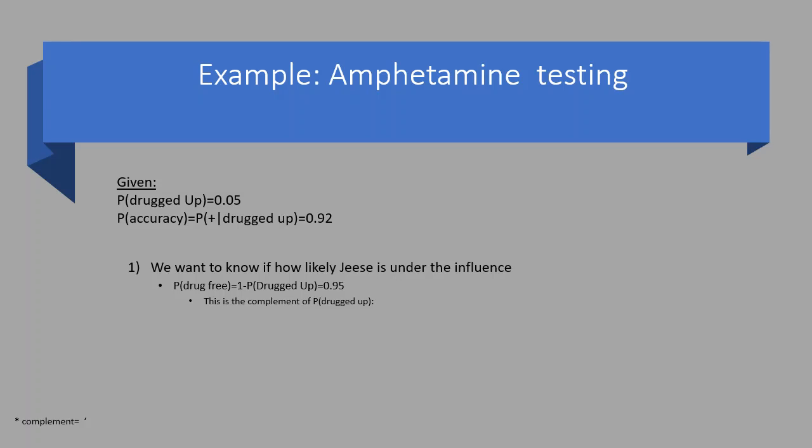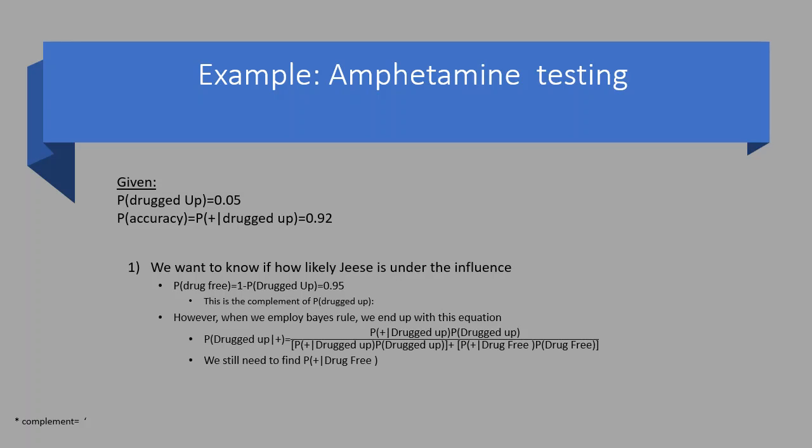Now, I mentioned in Bayes' rule that we have to include both the true positive and false positive values. So how does that work? Well, we have the true positive, where he was positive given that he was drugged up, times the probability that he was drugged up, divided by the denominator, which is both the true positive portion as well as the false positive, where the probability that he tested positive even though he was drug free, times the probability that he was drug free.